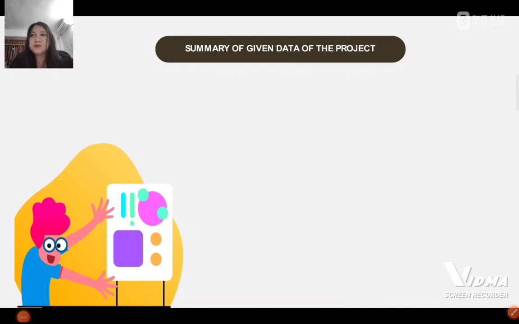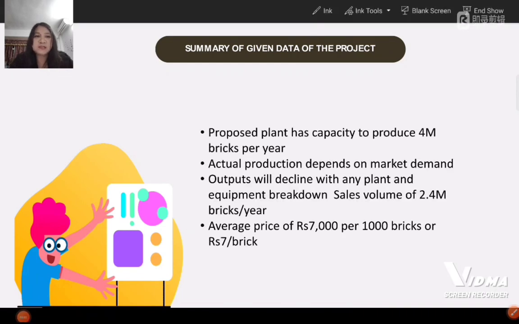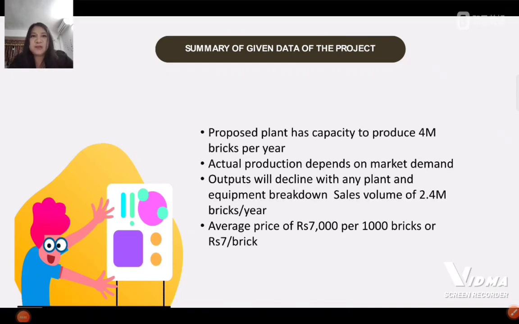Sharma is looking into a plant that has the capacity to produce 4 million bricks per year. However, full production capacity is not possible since the actual production depends on market demand. So if there are no buyers, they won't produce bricks since that would only incur variable expenses.